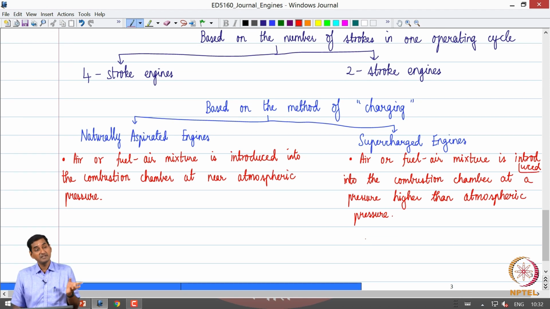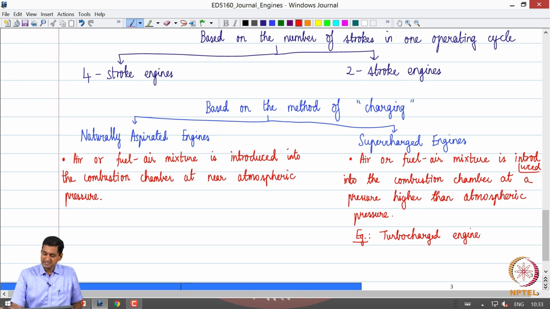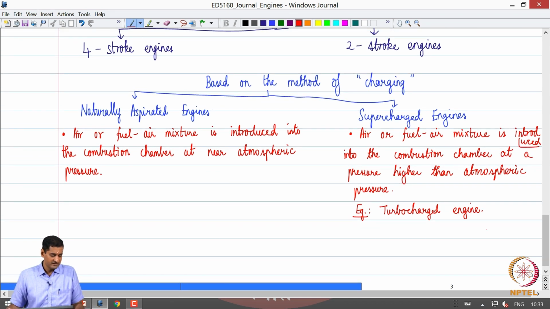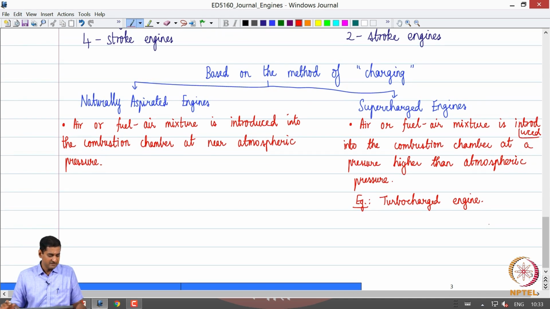And we will see how they work and what are the advantages due to turbocharging. So, this example is a turbocharged engine. The general term given to such an engine is a supercharged engine. A turbocharged engine is a specific example. Okay. So, that is another classification. We will look at both.